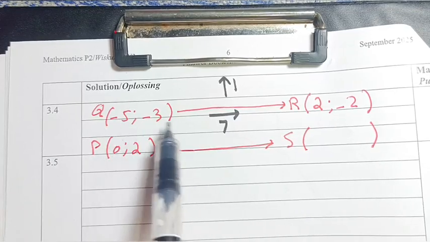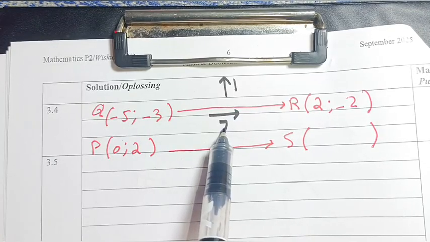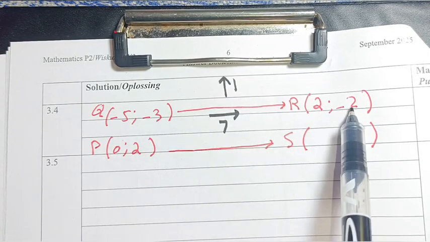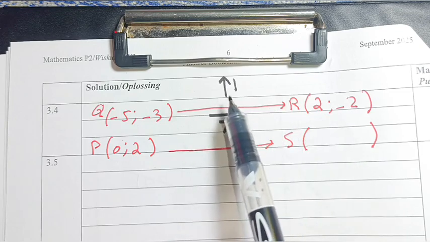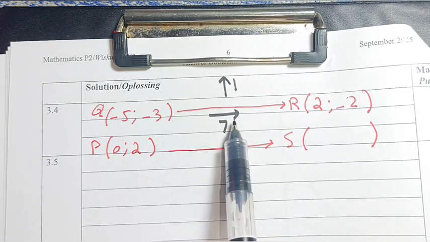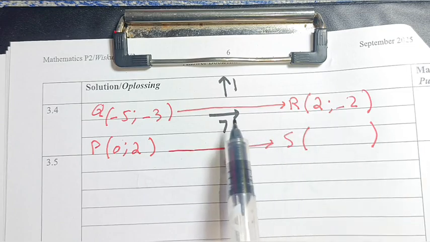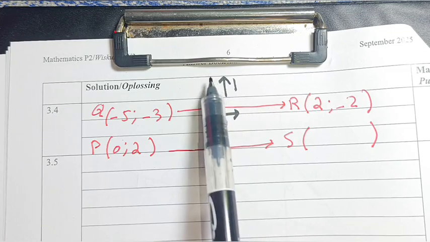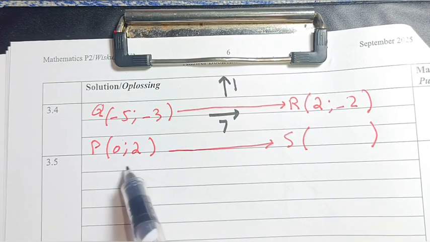So negative 5, you add 7 and become 2. Negative 3, you add 1 and become negative 2. But remember, if you add horizontally, then the arrow must show to the right, and if you add vertically, then the arrow must show upward. And exactly we're going to do this one, 0.